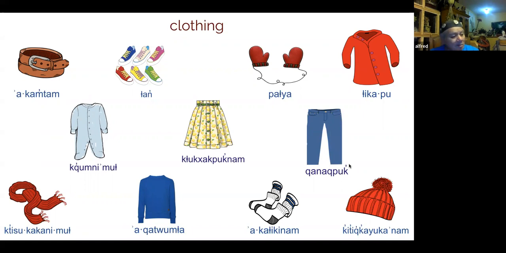Oh, what the heck was it? The verb kanit, kanit, hard.